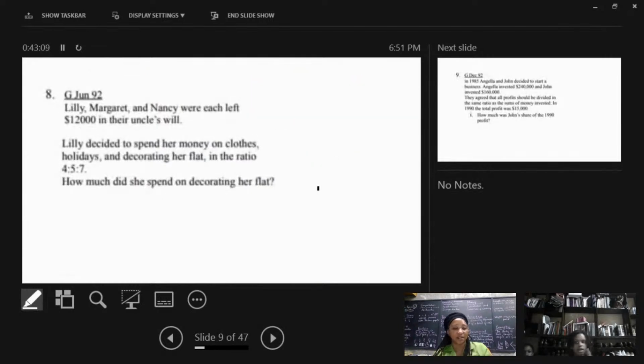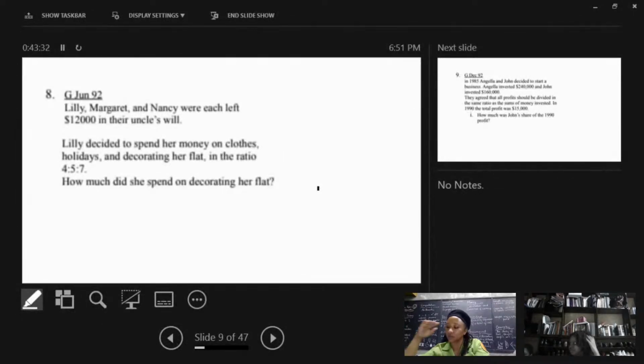Number 8. Lily, Margaret, and Nancy were each left $12,000 in their uncle's will. Lily decided to spend her money on clothes, holidays, and decorating her flat in the ratio of 4:5:7.